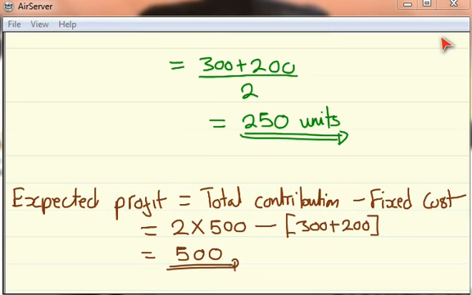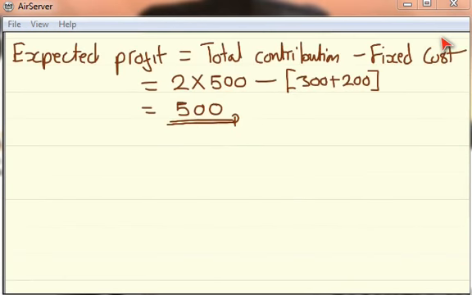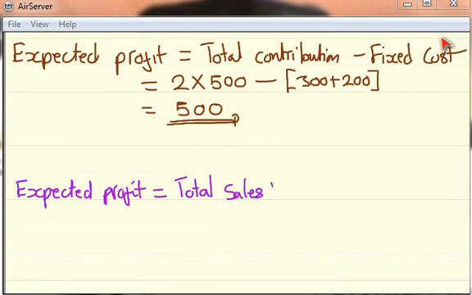Right. So another way of doing this, if this is different from what you know, you could use this formula. Expected profit is still the same thing. It is equal to total sales revenue minus total cost.